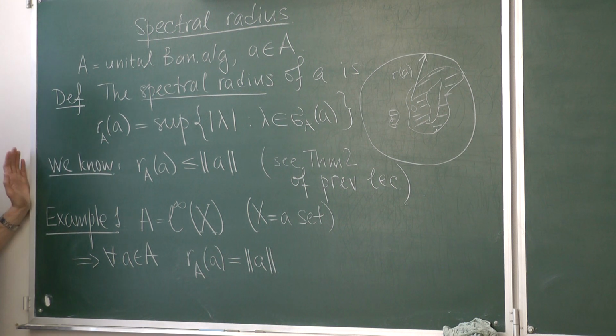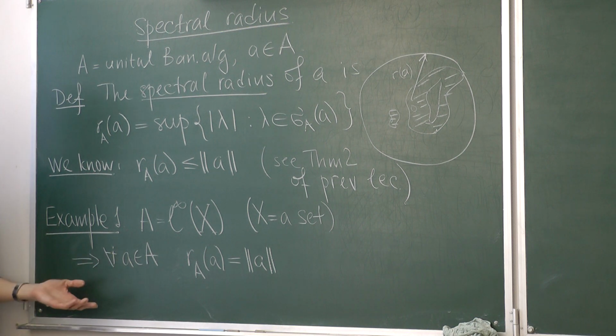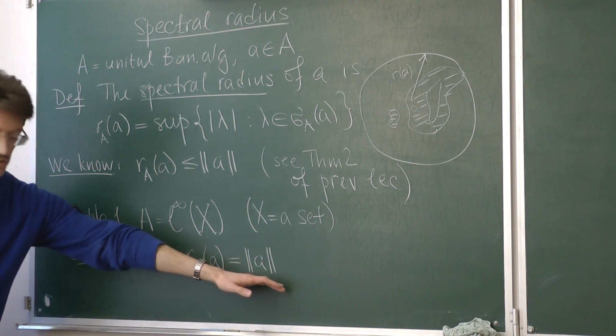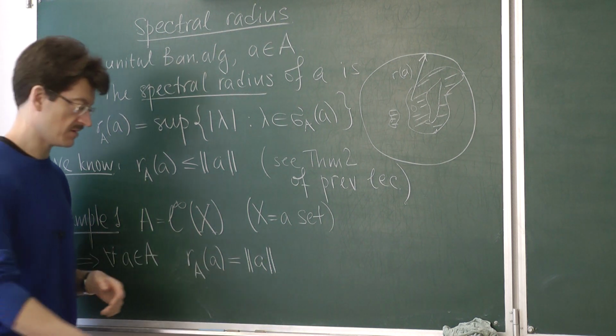Well, indeed, we know that the spectrum of a is the closure of a of X. This was one of our first examples of explicit calculation of the spectrum. So little a is a bounded function on X, and the spectrum of a is the closure of a of X. But on the other hand, the norm is the supremum norm. This is the supremum of elements in a of X. And so this implies this equality.